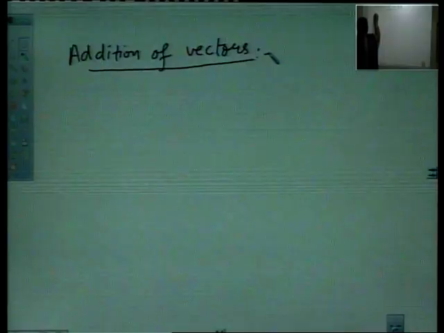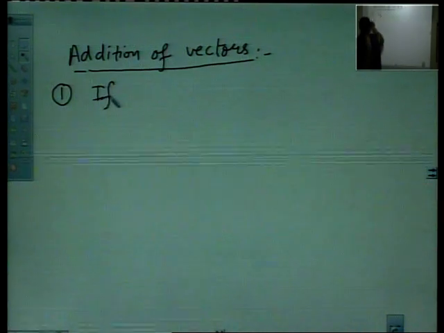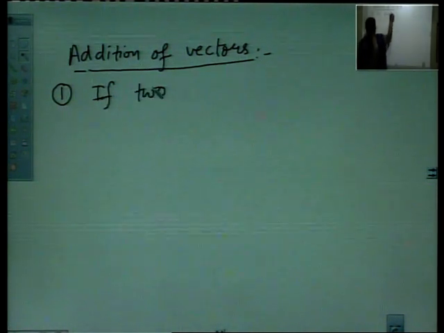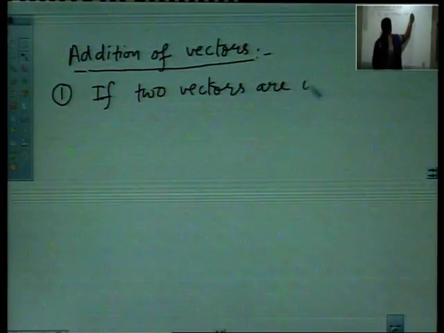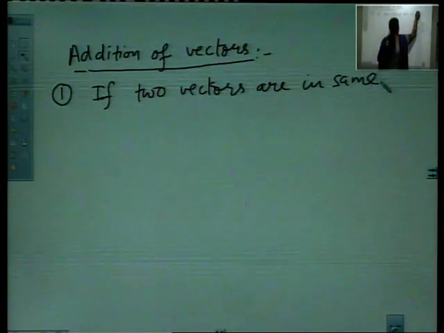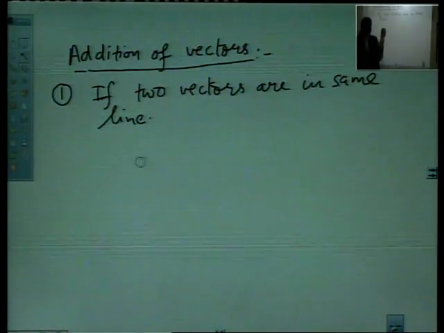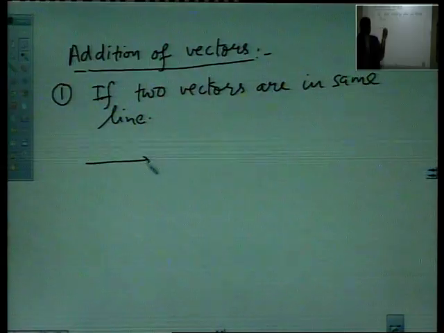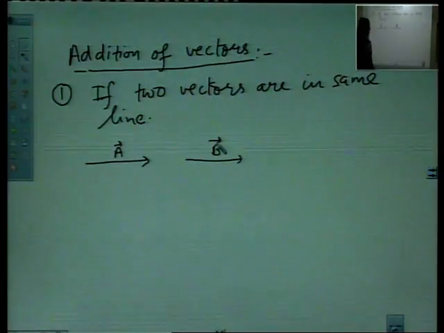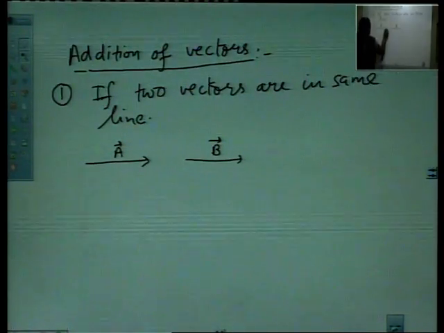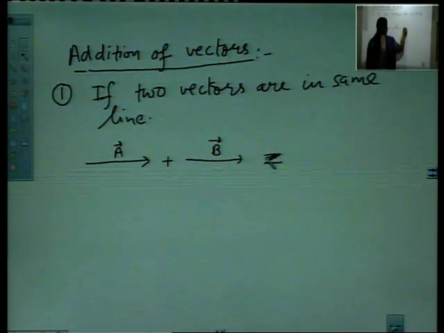So the first case is if two vectors are in the same line. Let us take two vectors, A vector and this is B vector, and these are in the same direction and we have to add these two vector quantities.